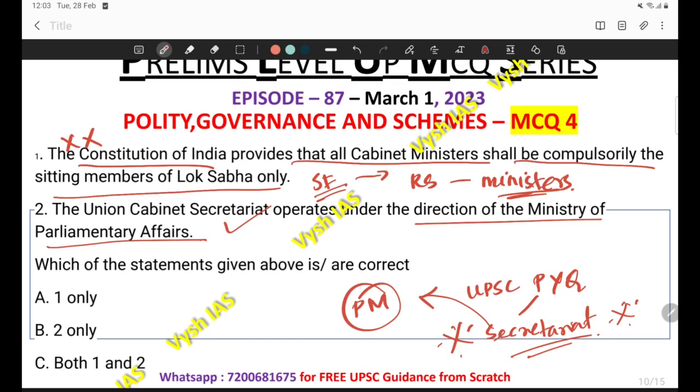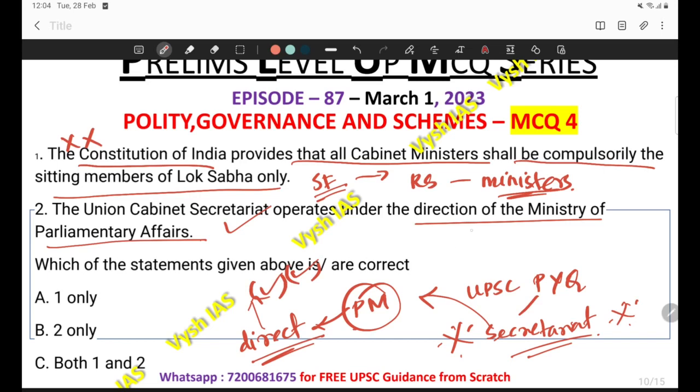Even if a statement comes in the exam that it is directly supervised by the Prime Minister, this is correct, even though it is an extreme statement. Please make a note of this point: the Union Cabinet Secretariat operates under the direct supervision of the Prime Minister.